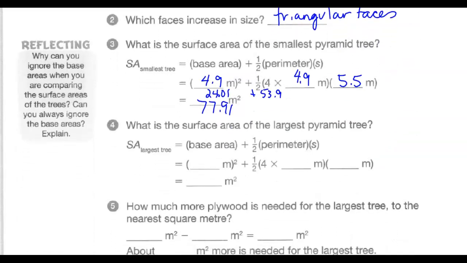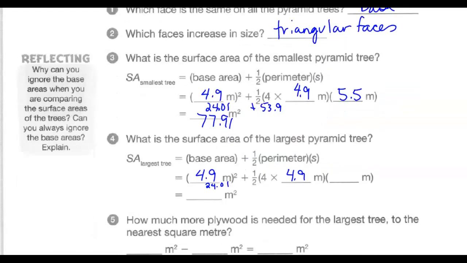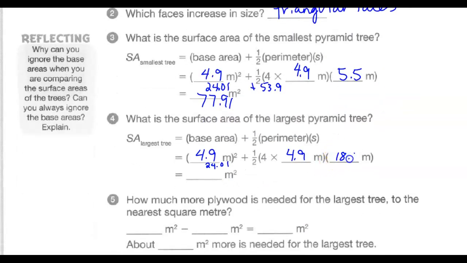Okay. What is the surface area of the largest pyramid tree? So that's 4.9 squared, which we know is 24.01. And then this is still 4.9, but then the slant height of that was 18.2.